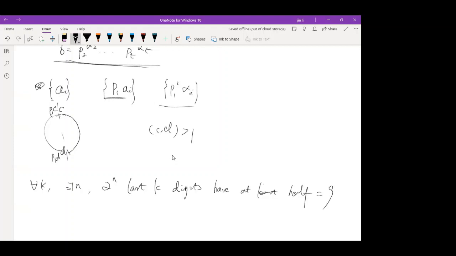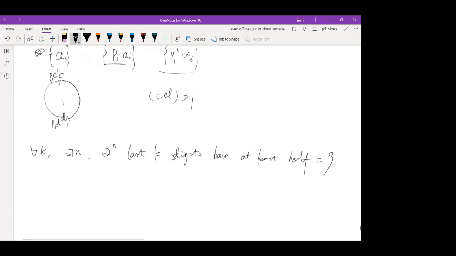So how do we do this one? At least half equal 9. So you're thinking about in what scenario you're going to get at least half 9s.